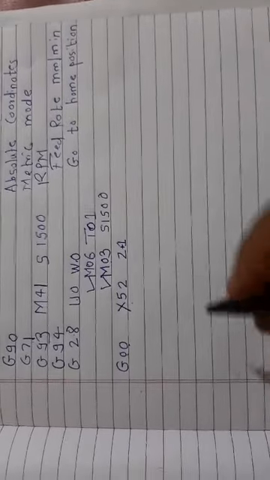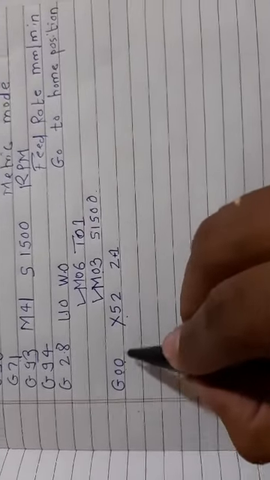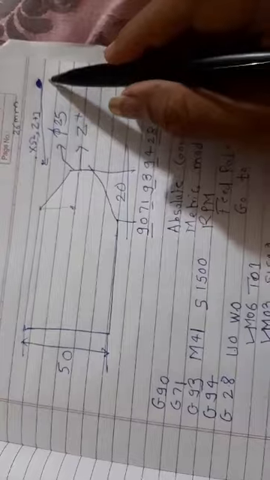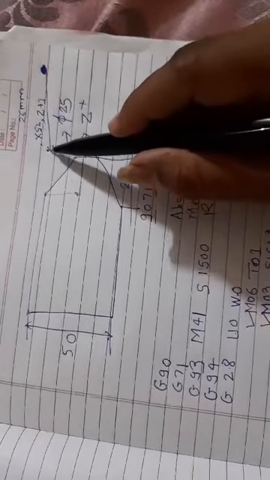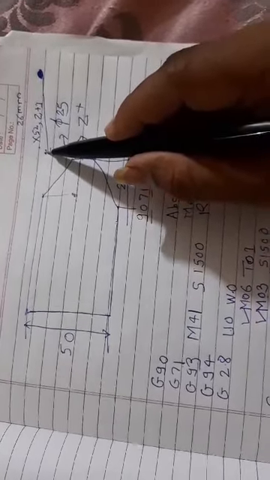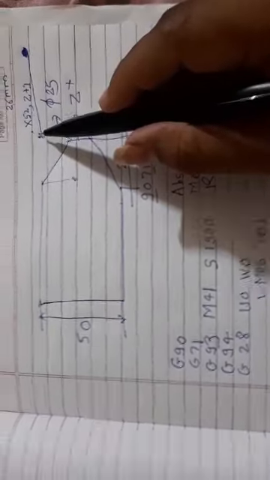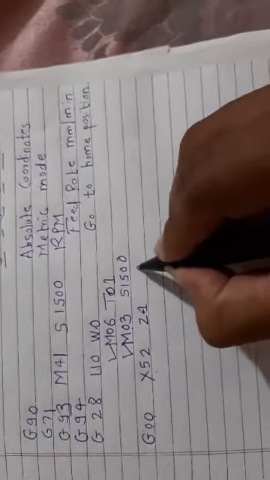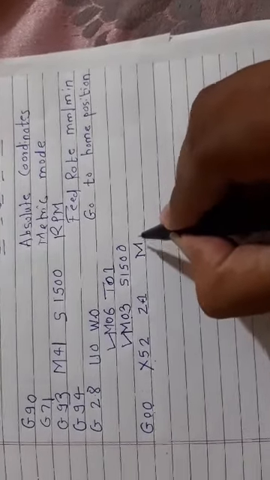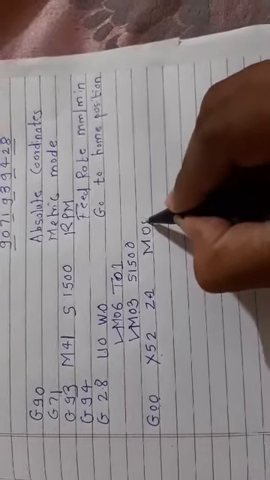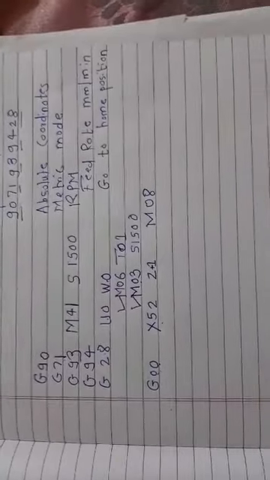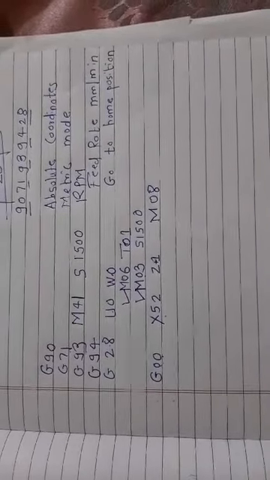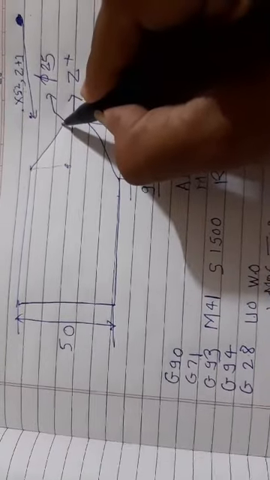Now we have moved the tool from machine zero to near the workpiece. It is not connected to the workpiece, it is away from the workpiece. Now we will start the coolant here. For starting the coolant, there is a code M08. We have started the coolant now. Now we will move the tool near to this diameter.